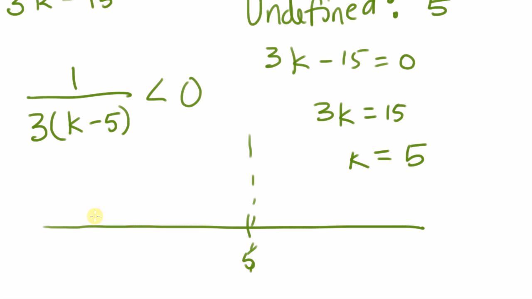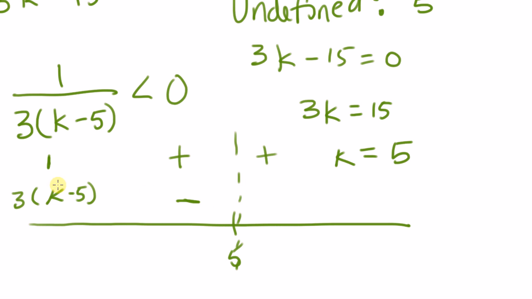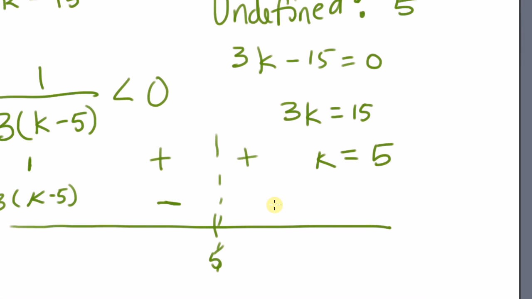So there we go. So what happens to the left? Well, plug 4 in here. 4 minus 5, that's going to be negative 1. So everything for the top is positive, because it's the number 1 and it's a positive 1.